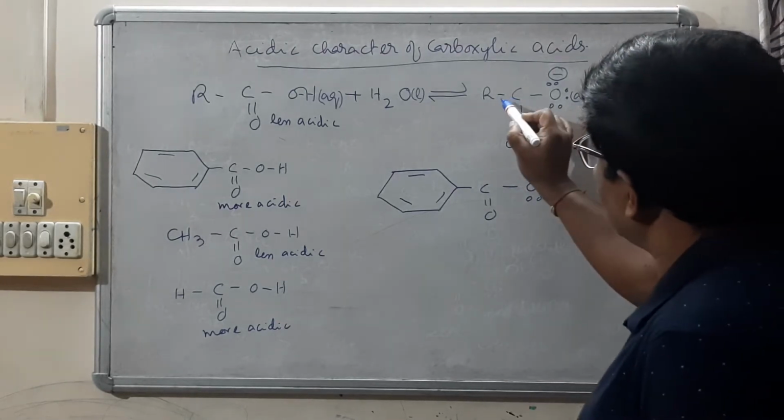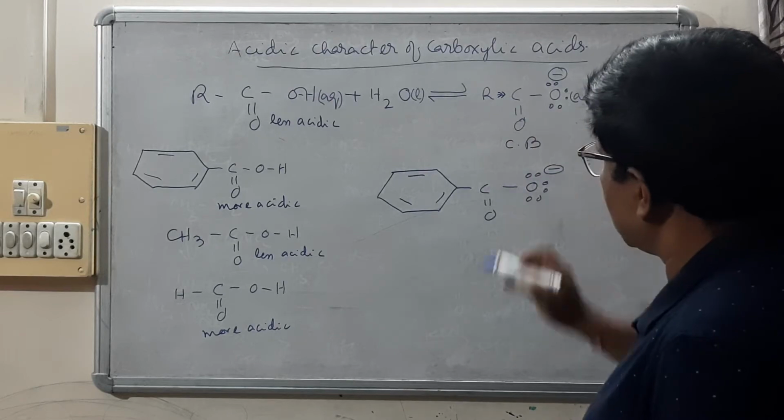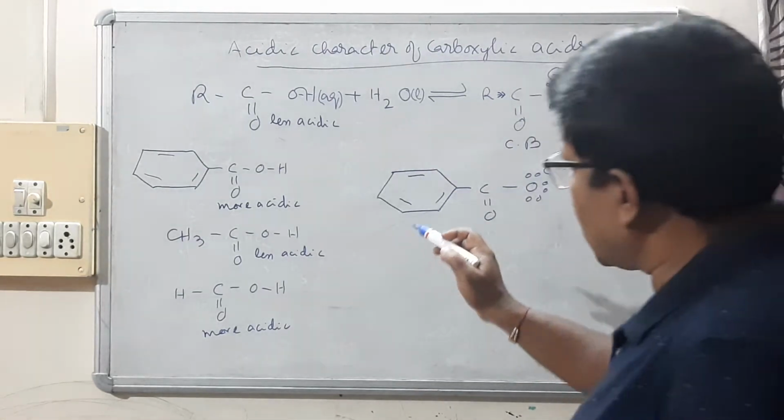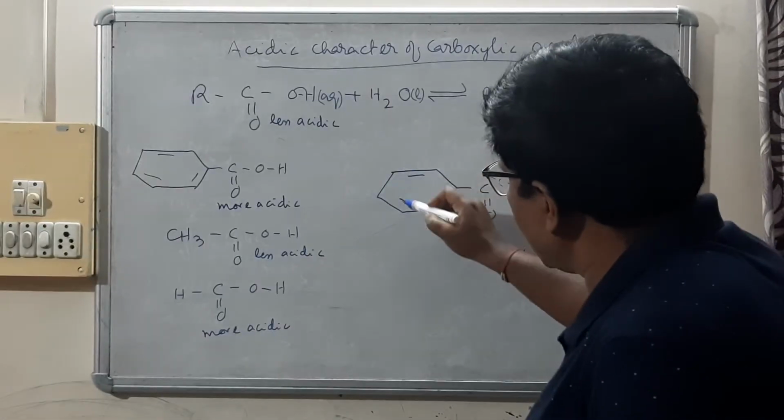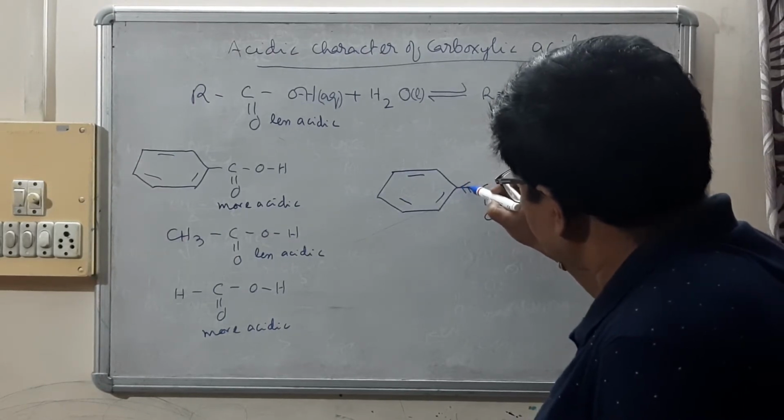Now, as I already said, this alkyl group has got plus I effect, whereas this benzene ring, phenyl group, has got electron withdrawing effect.